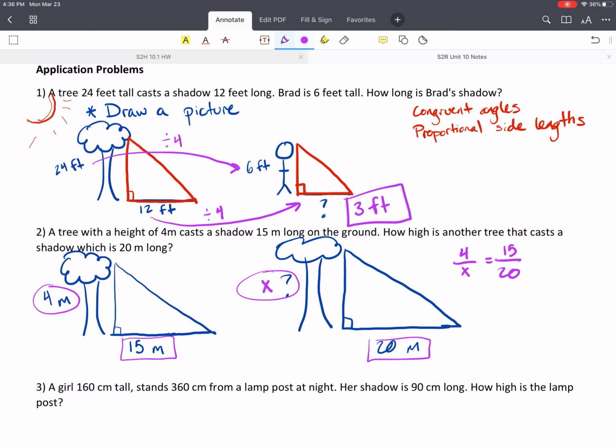It doesn't matter which way you set up the proportion as long as you're consistent in your direction between the triangles. So I went first to second for both of my fractions. And now I can cross multiply this. 4 times 20, which gets me 80, equals 15x. And now I can divide both sides by 15.